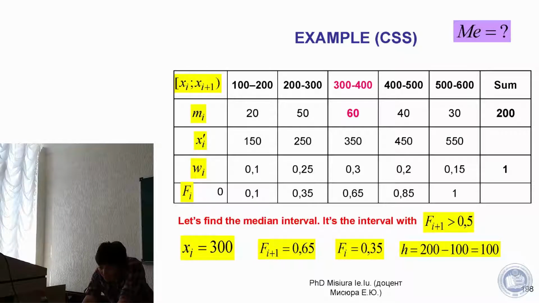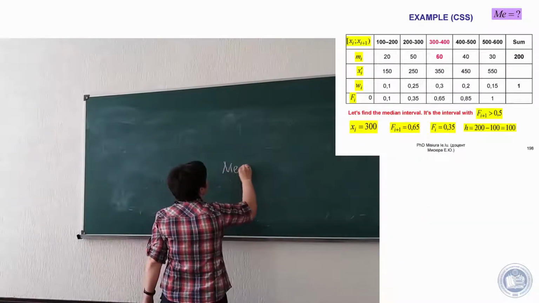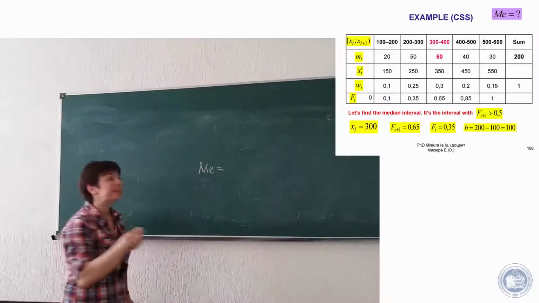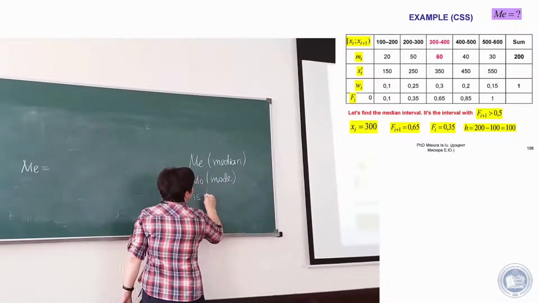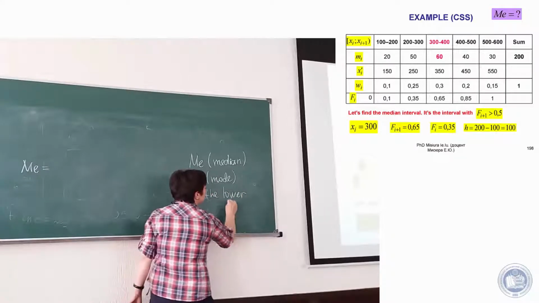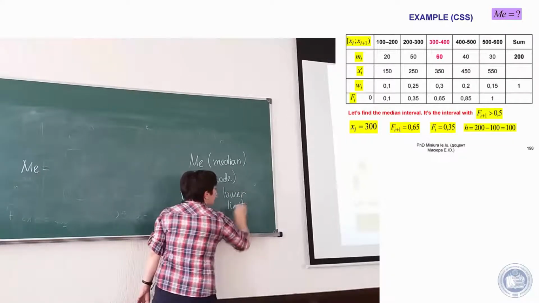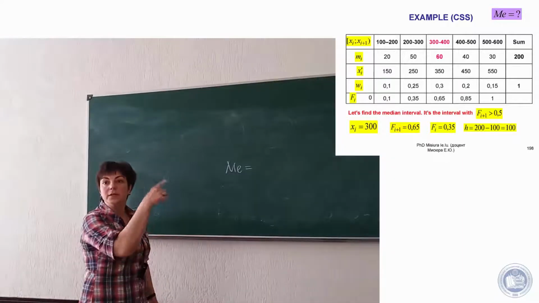In order to find this value, let's substitute. How to explain xi? Students, please copy out. Xi means the lower limit. It will always be the lower limit. Please call the lower limit of this interval. 300.